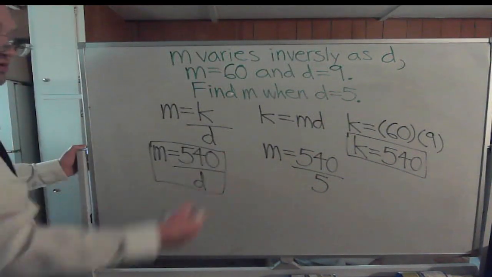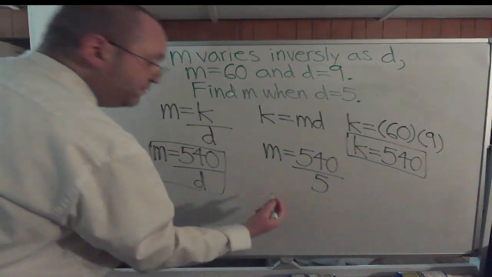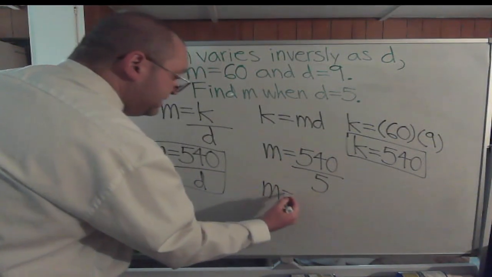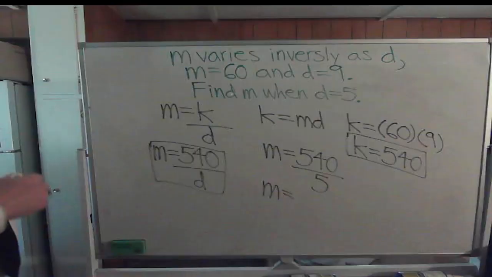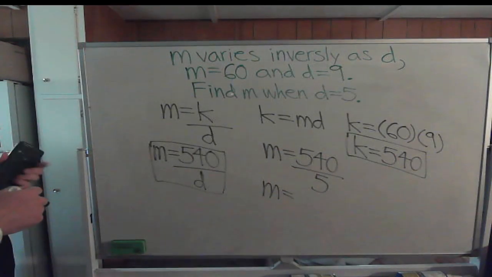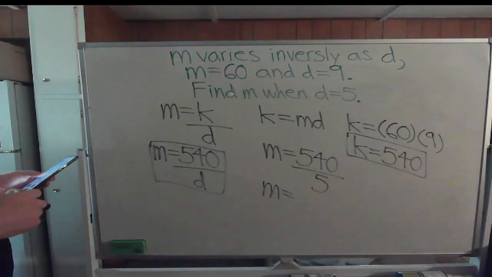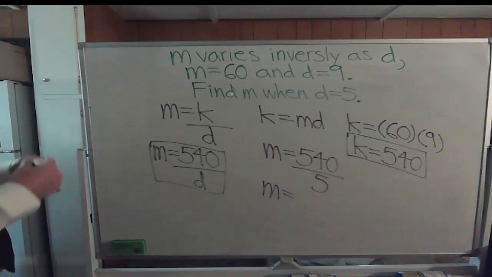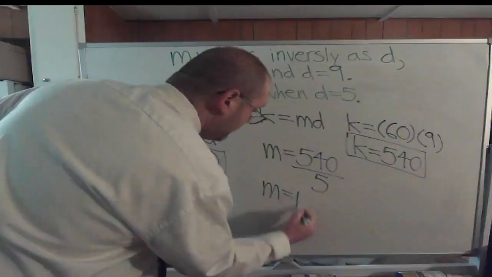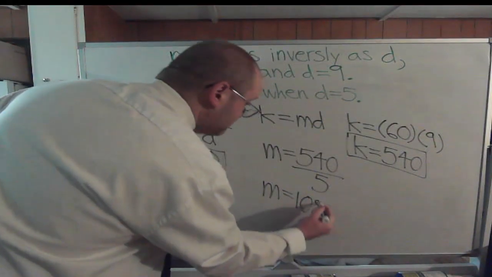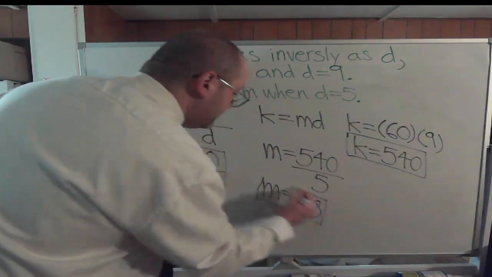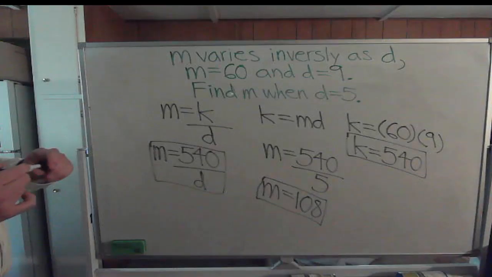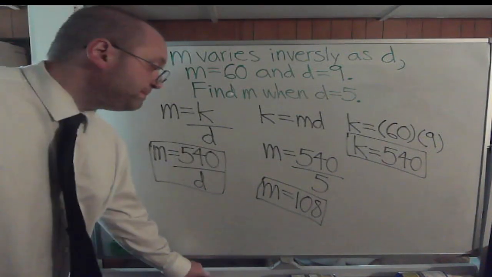All you've got to do is figure out 540 divided by 5. That'll be easy, just some simple division. I want to say 108, but let's be sure. I was right, 108. So when D equals 5, you get a value of M that is 108.